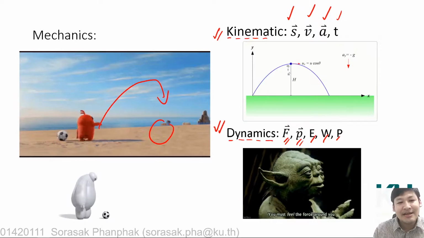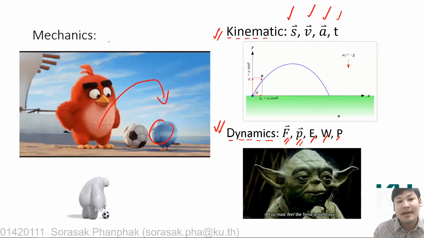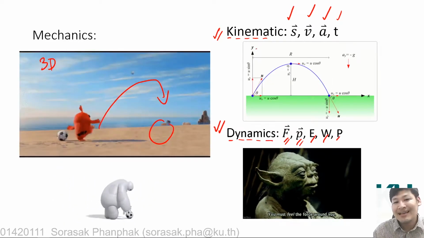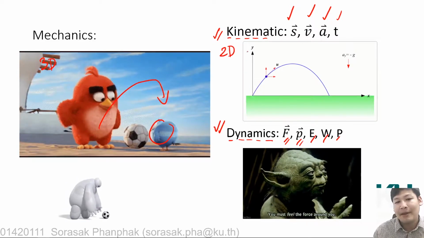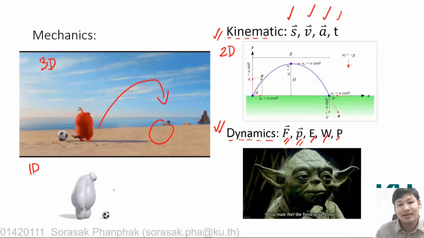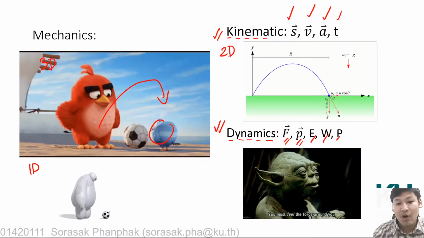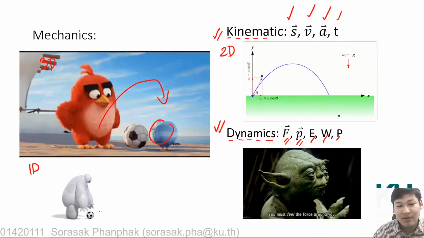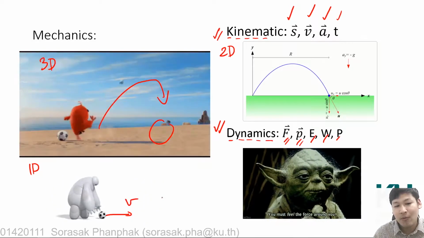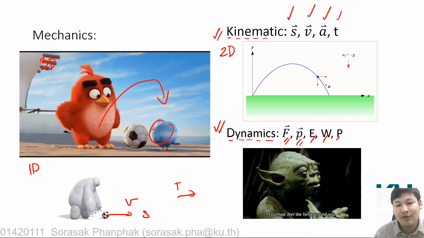So what you can see here is that the motion of objects in classical mechanics can happen in not only 3 dimensions. You can set this like a 2D plane, which happens in a 3D world, or it can happen in one direction, like the direction in which you can see this football moving, and you can see the velocity, displacement, and maybe some acceleration due to the force that happened.